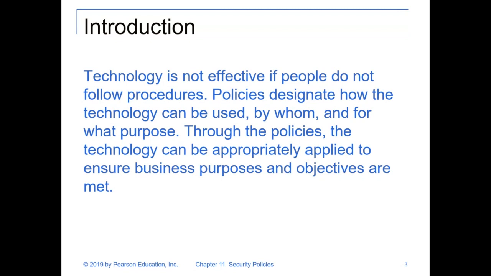A policy may have requirements that former employees be terminated access to the network, but if those are not followed through, then the former employees may access the network. Another way that the technology might fail is public access to a server.